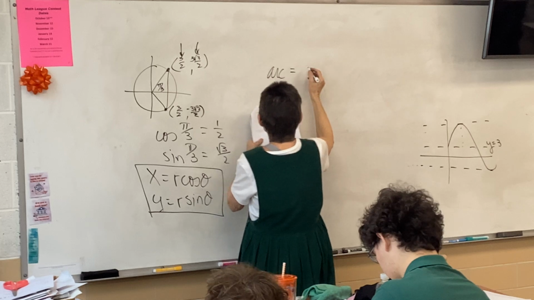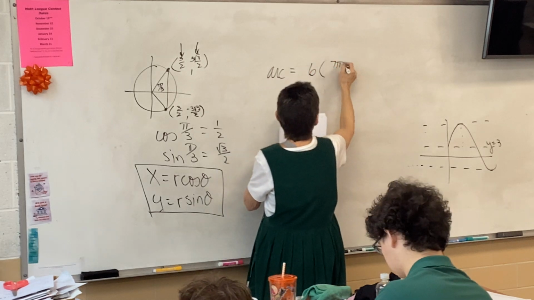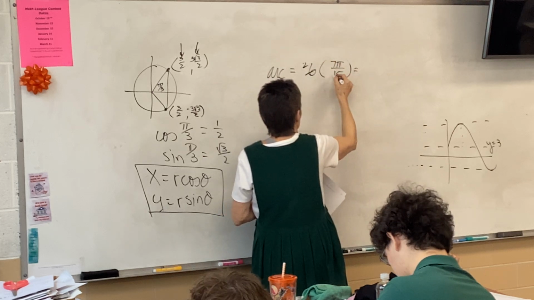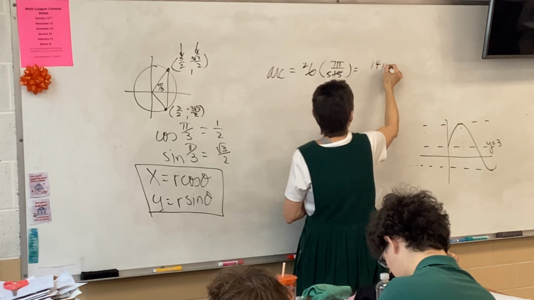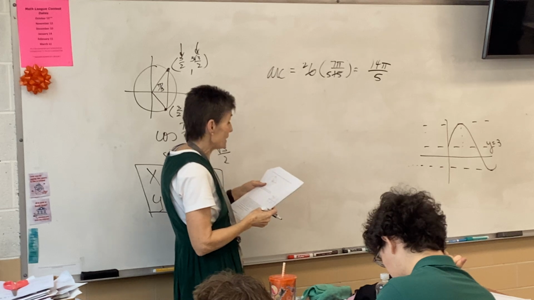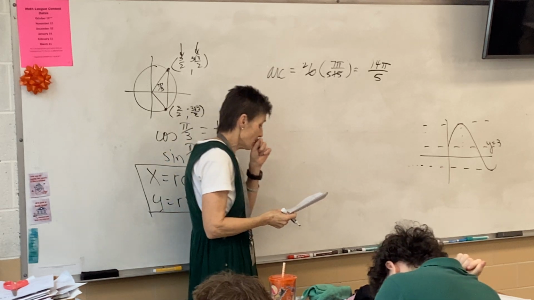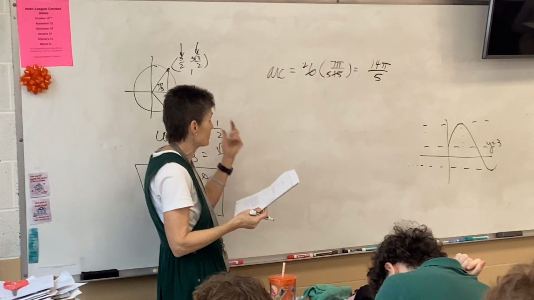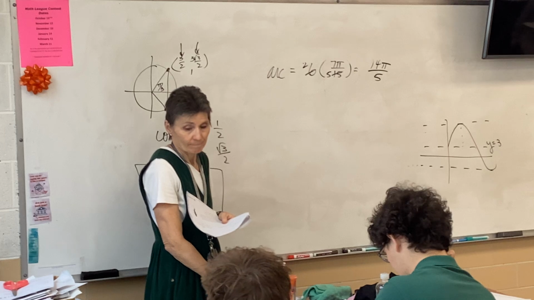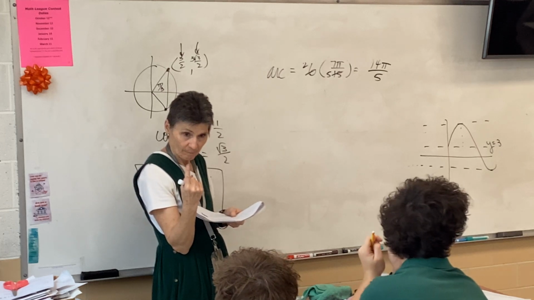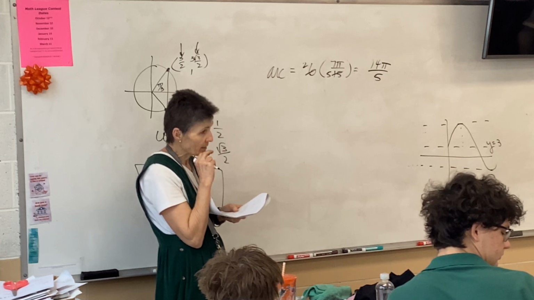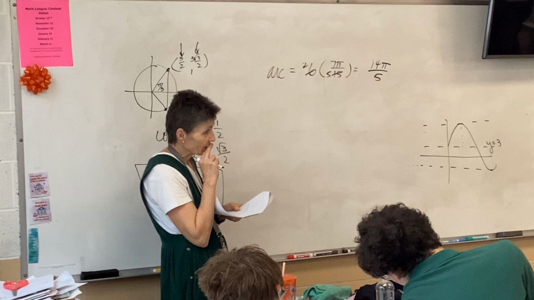So that's just going to be 6 times 7 pi over 15, which is what? 14 pi over 5? Did I reduce that right? And if I had a unit on my radius, it would be that, so inches or feet or something. Remember that 1 radian is 1 radius. Oh, it's brutal. 1 radian is 1 radius. Right?